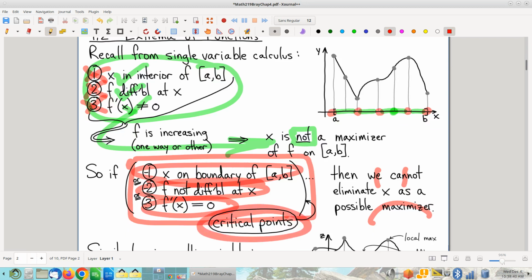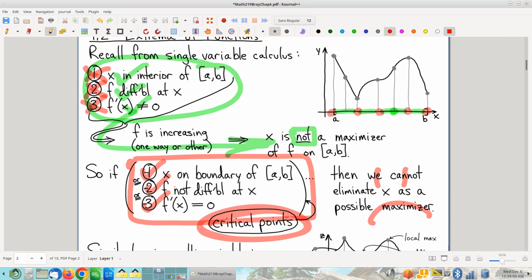Any point that satisfies any one of these three conditions. In other words, any point that fails our elimination argument. We'll call it a critical point. We'll admit that it might be what we're looking for, and we'll deal with it later. We'll eventually maybe plug in and check the values and just try to see.